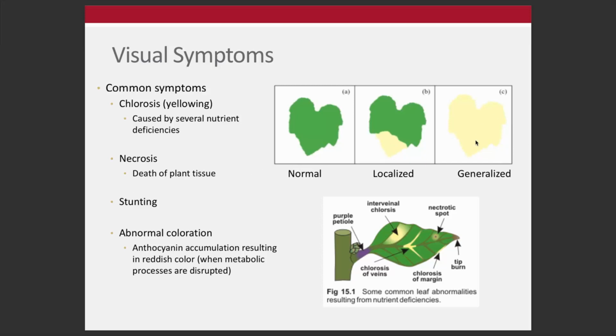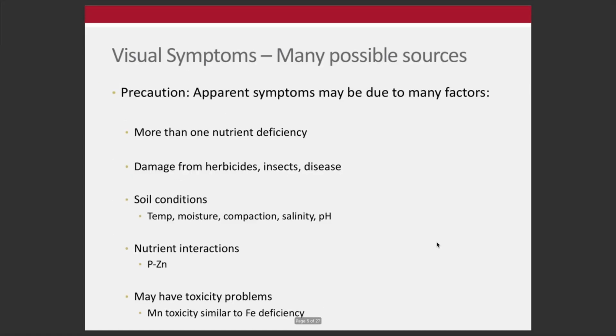They can be generalized across a whole leaf, and they can be confined to the petiole. They can be confined to the inner vein region, so interveinal chlorosis, or chlorosis of the veins, vein chlorosis, necrotic spots, etc. So these are different types of definitions that we can think about.